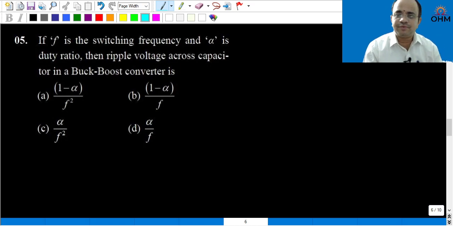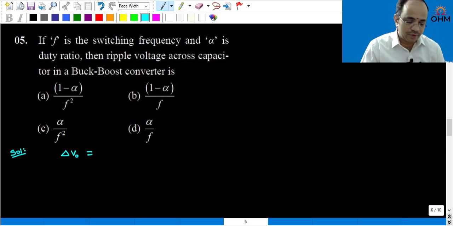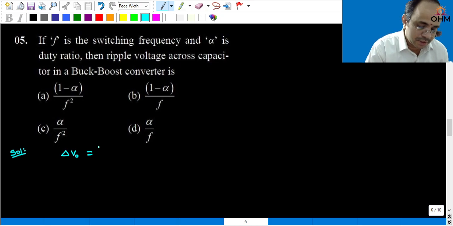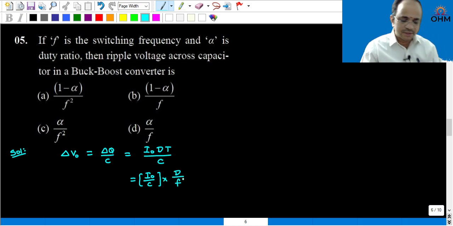When this type of question is given, the data is not given in a proper way, but if you recollect from our notes, the peak to peak ripple delta V naught is equal to delta Q divided by C. What is the formula for this? I naught multiplied with D into T divided by C, or you can also say I naught by C multiplied with duty cycle ratio divided by switching frequency.